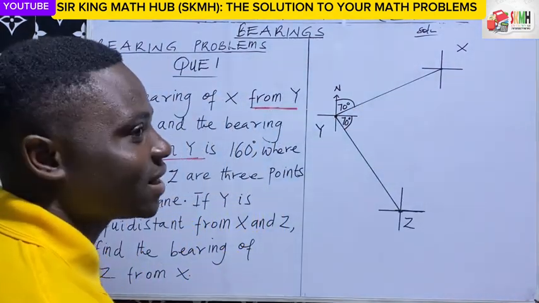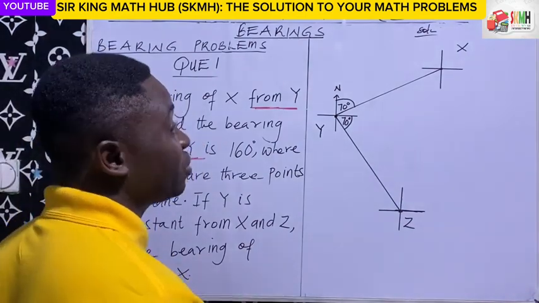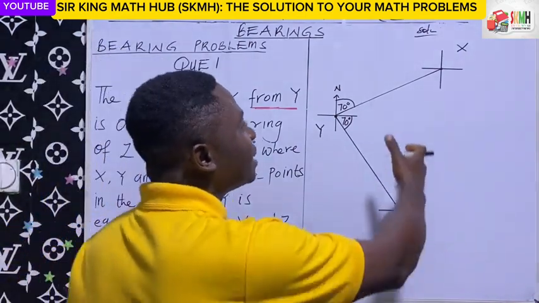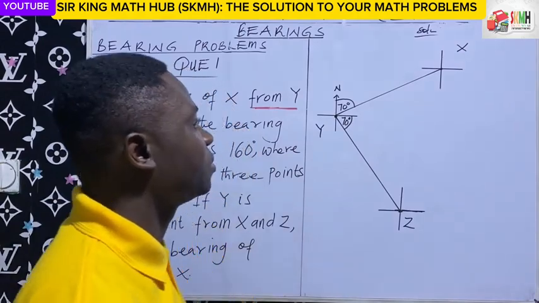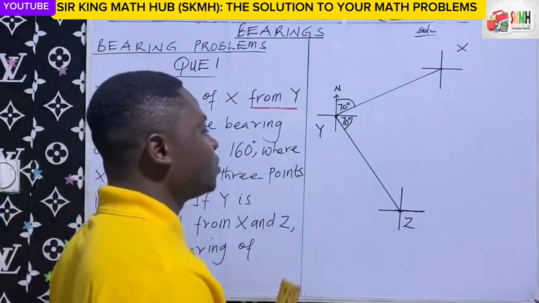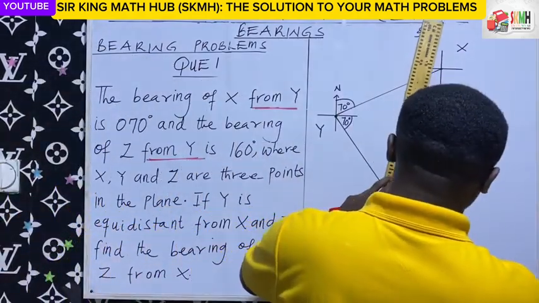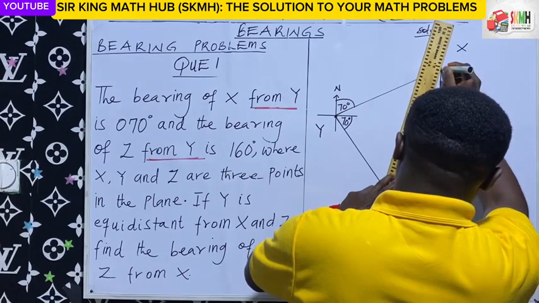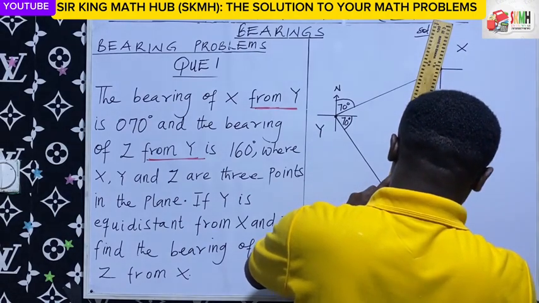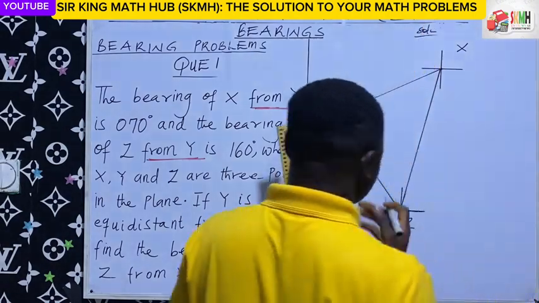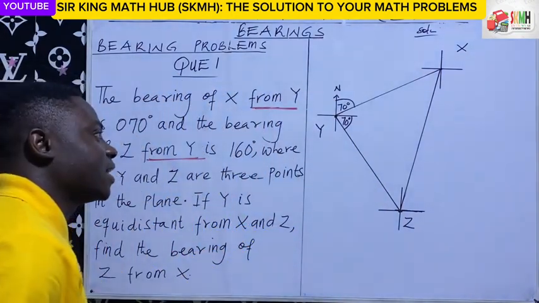You see that we are getting something like a triangle. But how do we get a triangle out of this shape? It means that we have to join this line.